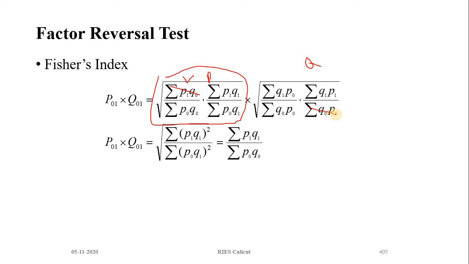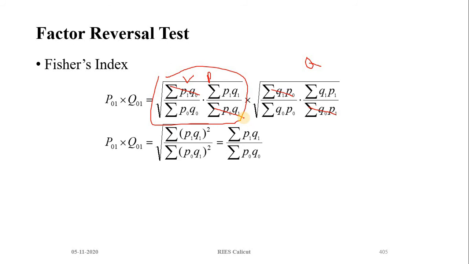Now if you check sigma Q1 P0, that we can also cancel out.